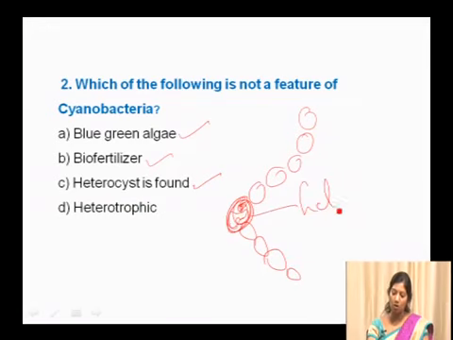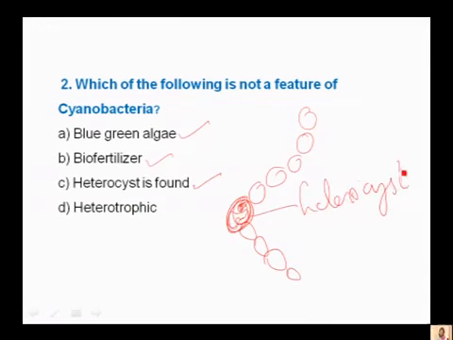These are actually called the heterocyst. So these heterocyst, what are these? These are specialized cells which have the capacity to fix nitrogen. So this is also a right option. They can be used as a biofertilizer, as well as you can say heterocyst is also found.